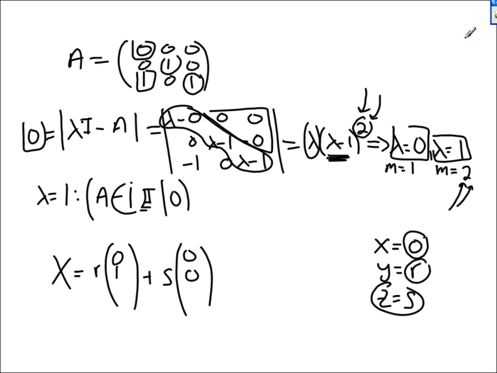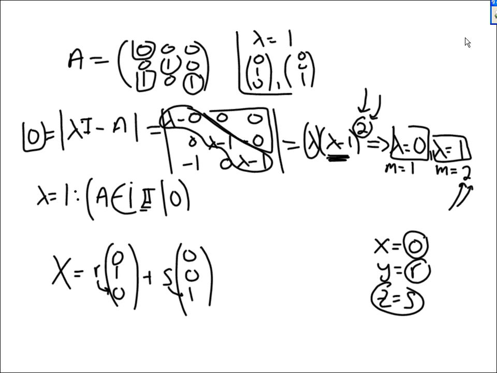And the third entry should be s, which is 0 times r plus 1 times s. So basically, I get back two eigenvectors. When lambda is equal to 1, I get back 0, 1, 0, and 0, 0, 1. Get back two eigenvectors.